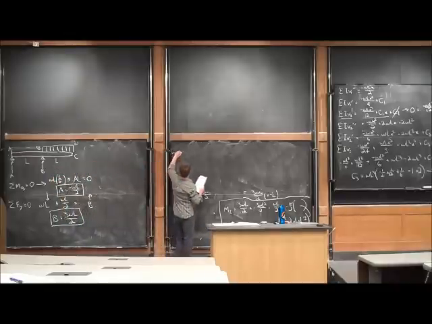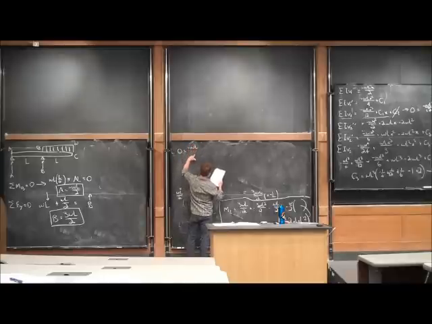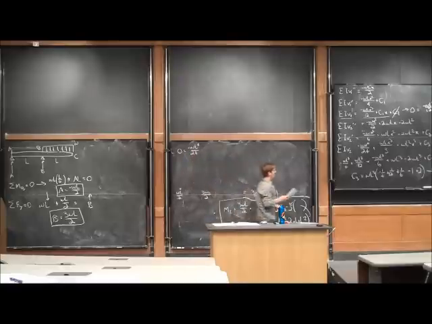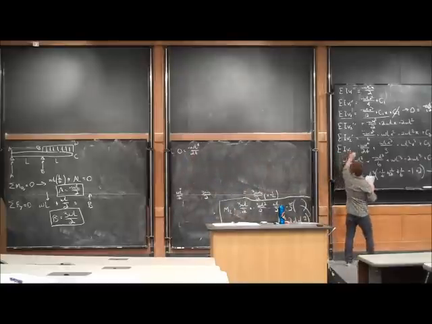So we know that 0 is going to be equal to negative WL to the 4th over 24. I'm pulling all this from this equation right here.